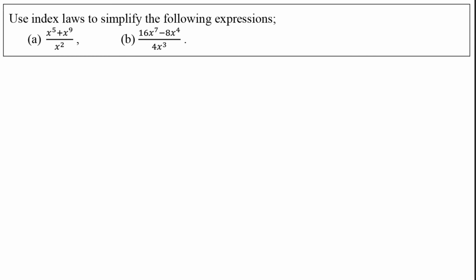In some situations we may have to deal with quotients, one thing divided by another.